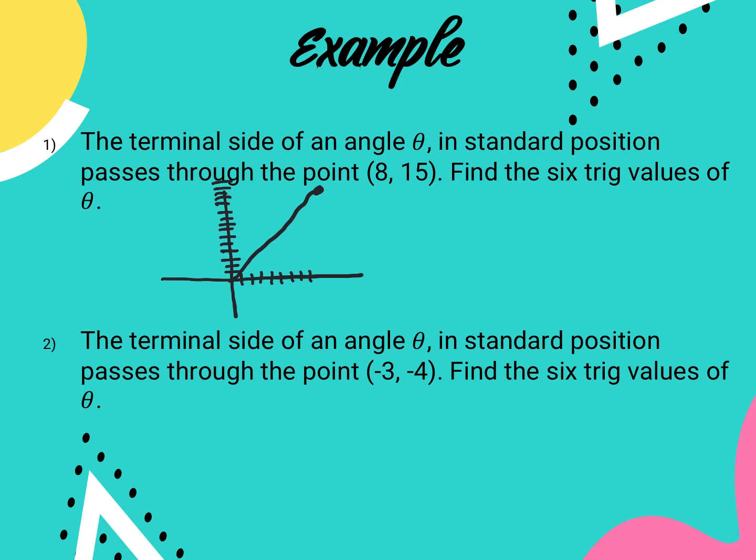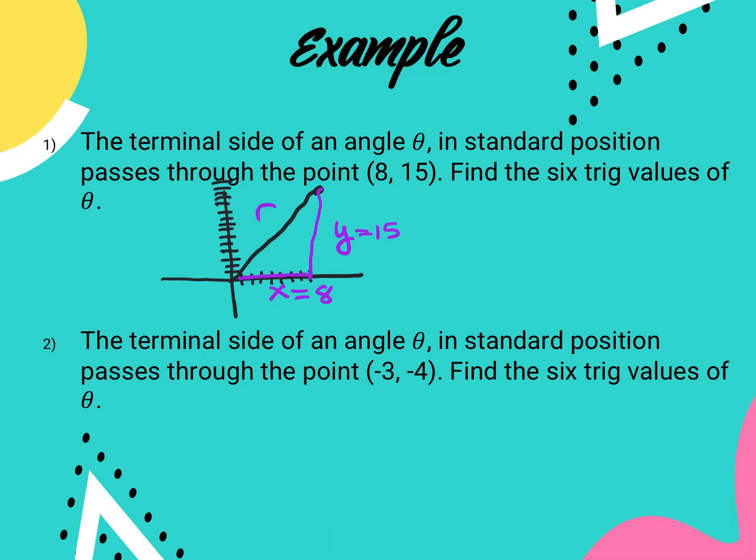The other side of my triangle comes back to the x-axis, and then this leg is formed by the x-axis here. So this is my r value, this is my x, this will be my y. So I can see from my ordered pair, x equals 8, y equals 15.